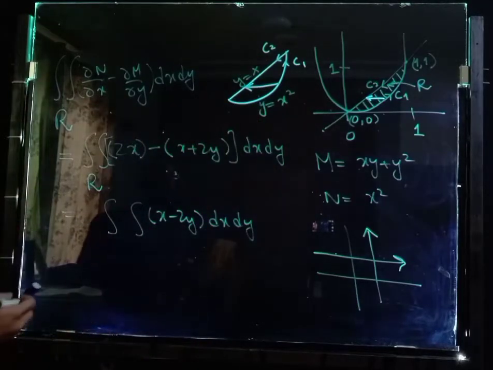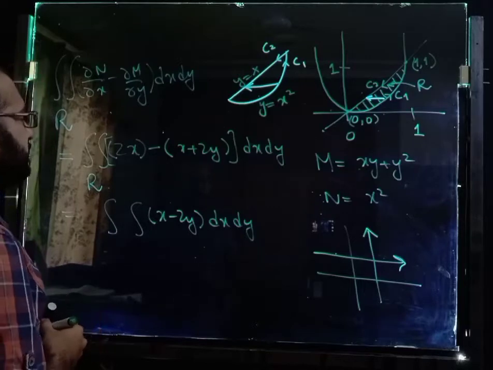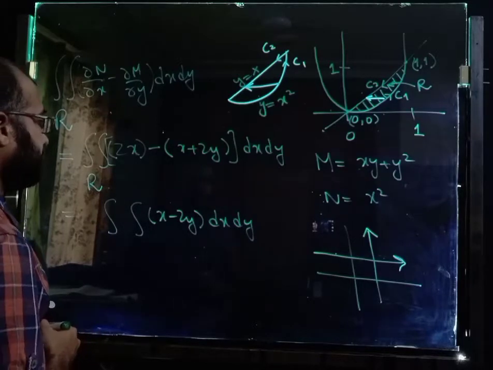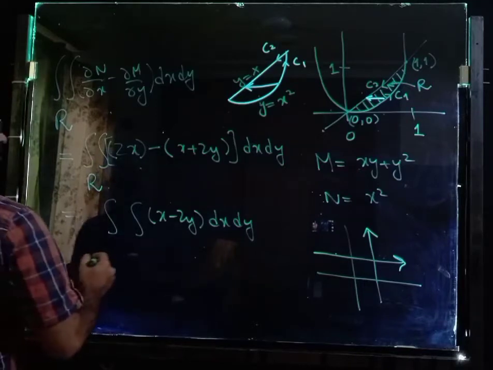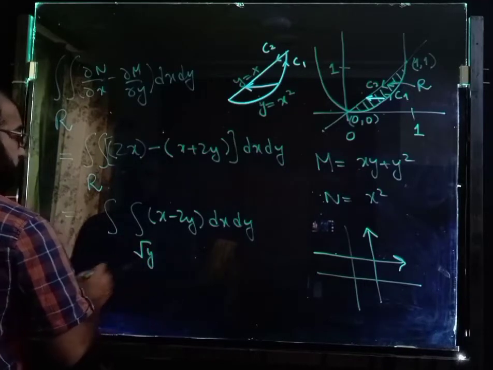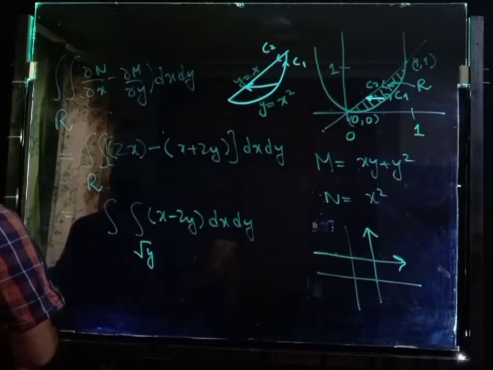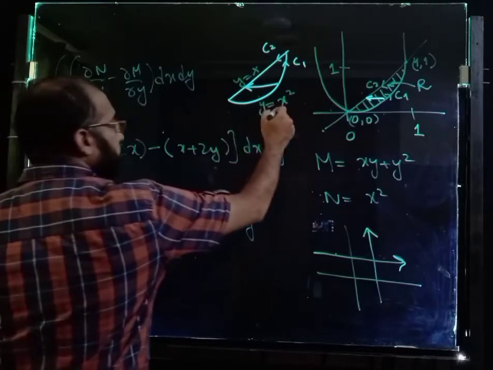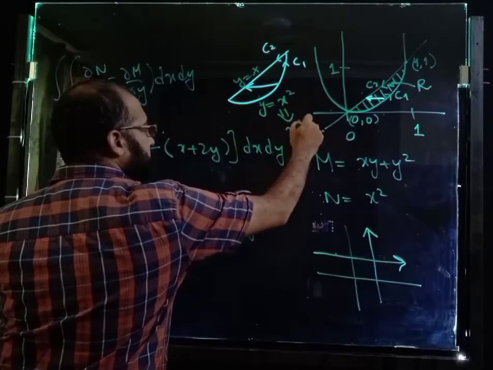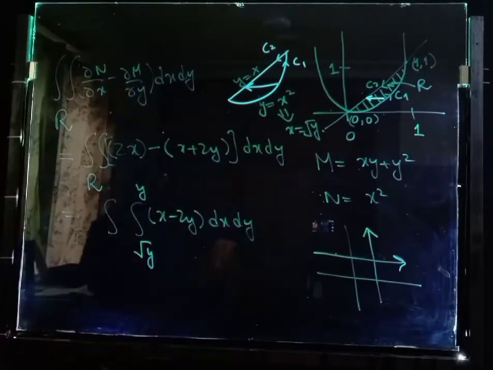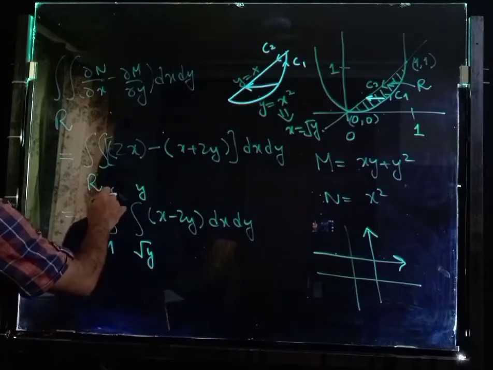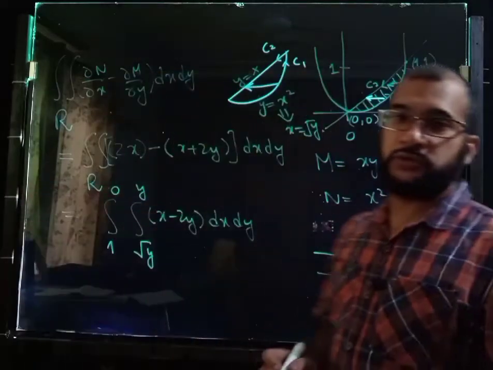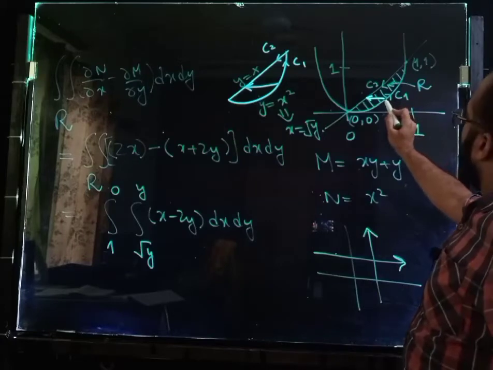So dear student, I can write here from y equal to x square. So x would be square root y to y, because from here x is square root y, and dy, for the value of y we have range from 1 to 0, because dear student, we are moving from C1 to C2.